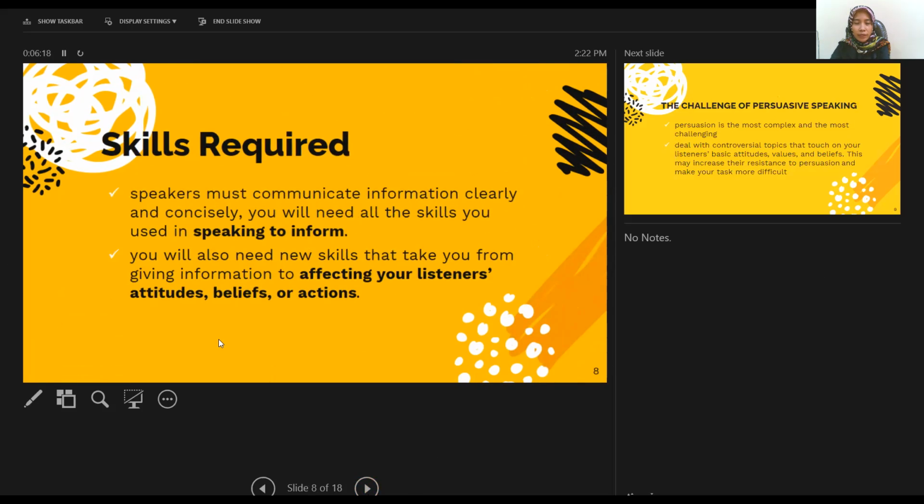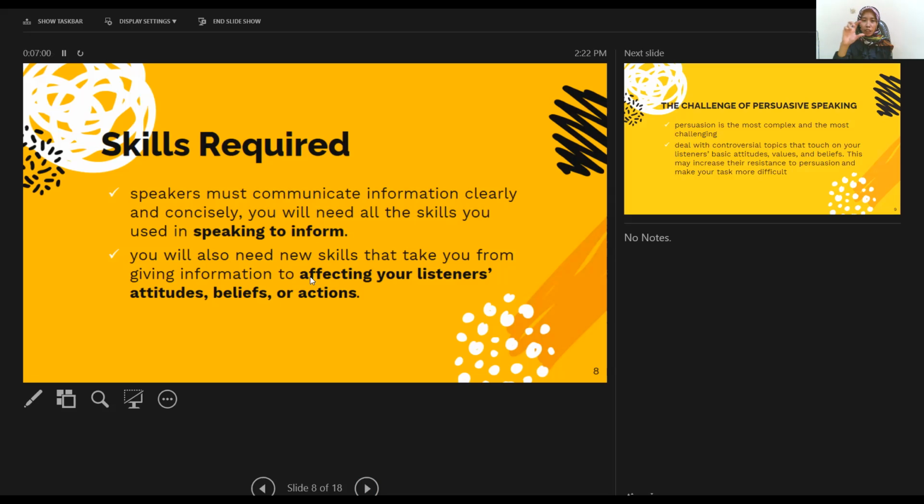Kemudian skill required. Okay, before having a good and also satisfied persuasive speech, this is the thing that you have to acquire before. Nah, ini speaking to inform. So previously you have this kinds of material with Pak Ganes, right? Nah, tapi kalau persuasif itu is not only speaking to inform, but speaking to inform plus. Nah, plusnya ini apa? After giving information, for example about the disadvantages of smoking.